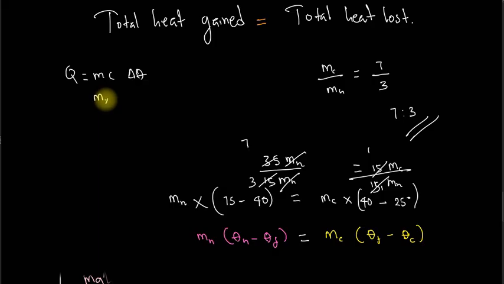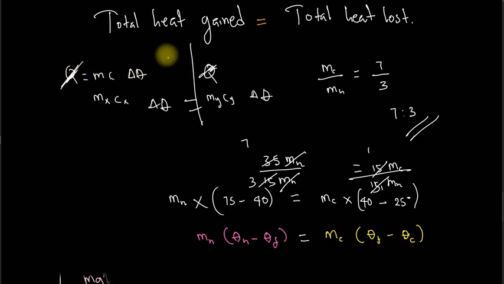The mass of X I'm going to represent by Mx, and the specific capacity of X, Cx. Then I will represent that for Y as My and Cy as well, and the change in temperature. So we can equate both of them since the quantity of heat is the same.